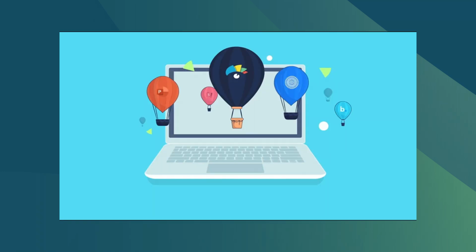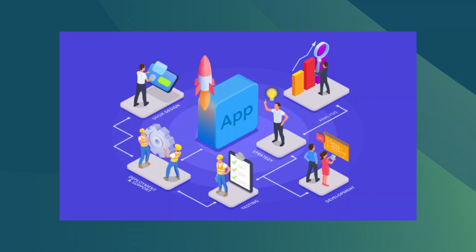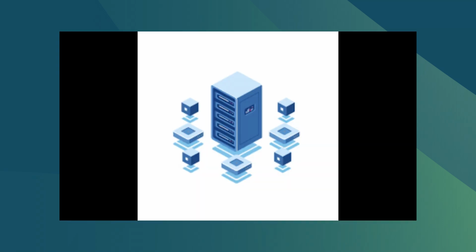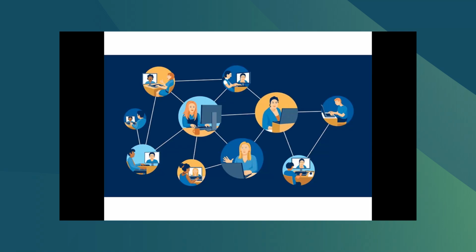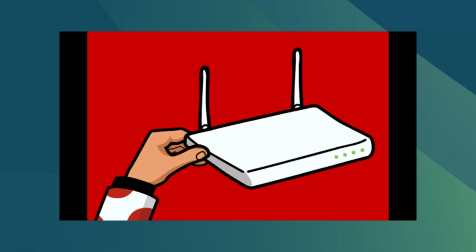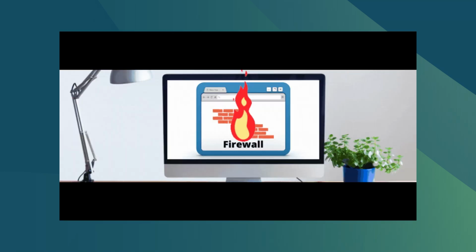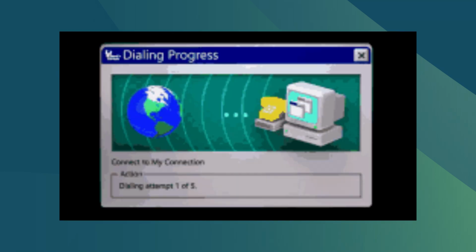The second one is software, such as operating systems, enterprise applications, and databases that control the hardware and support business activities. The third component is networking, which includes routers, switches, firewalls, and internet connectivity that allow secure communication.